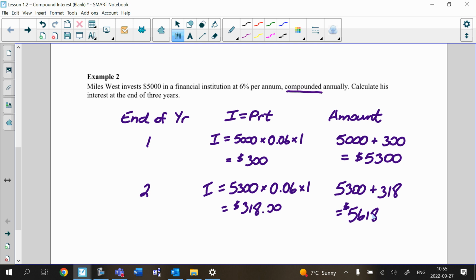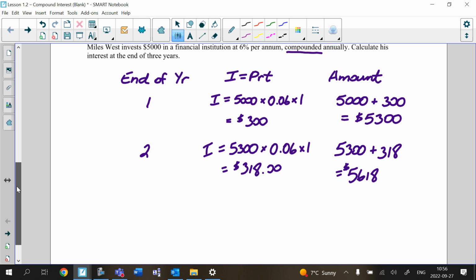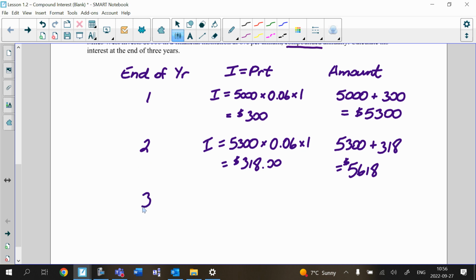At the end of year 3, which is how long this investment lasts, remember, he now has this much, 5,618. That's what we're going to calculate the interest on.